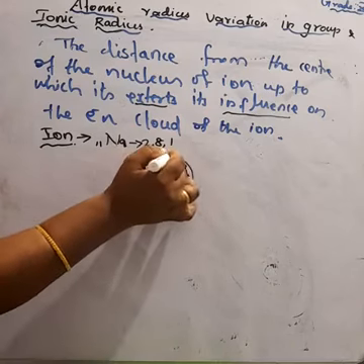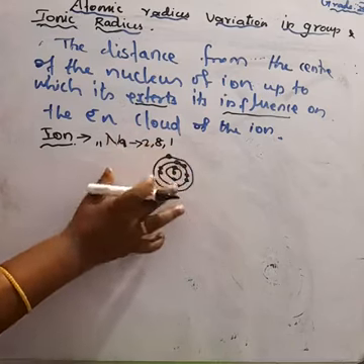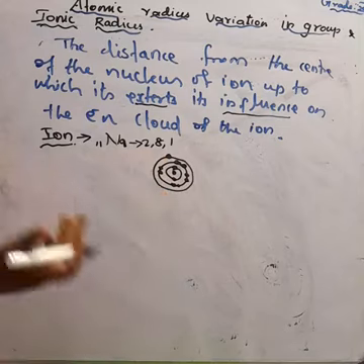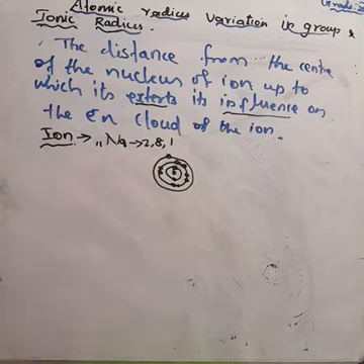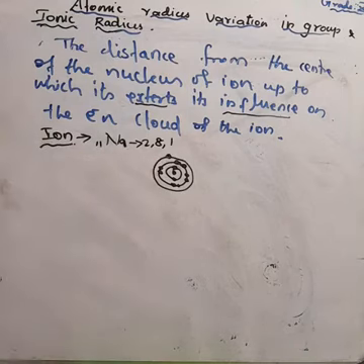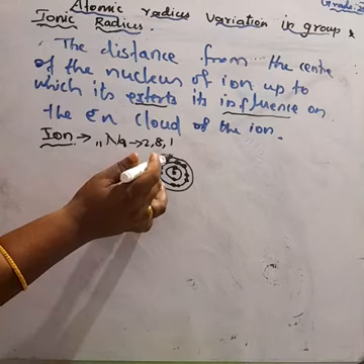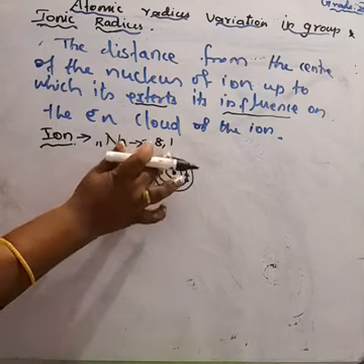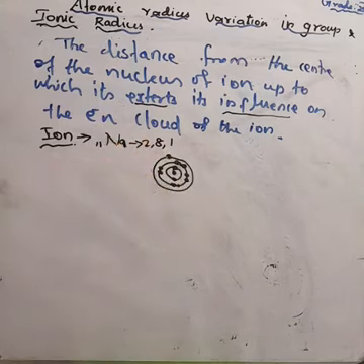Understood? So it does not exist in the free state because it has only 1 electron in the outermost shell. So it always tries to remove this 1 electron to attain the stable octet configuration. When it loses the 1 electron, it becomes an ion.